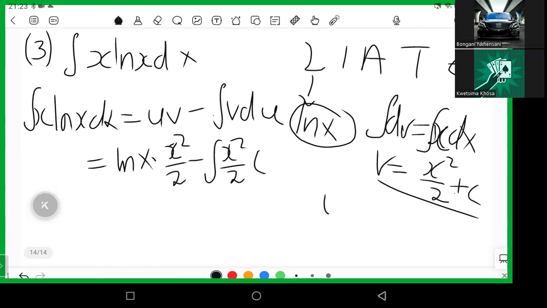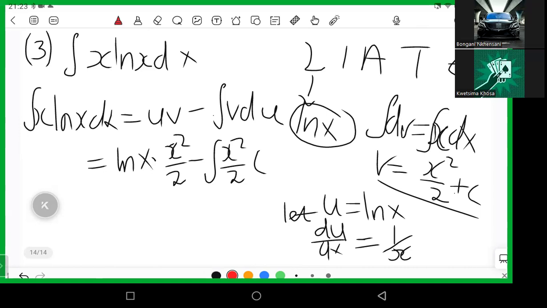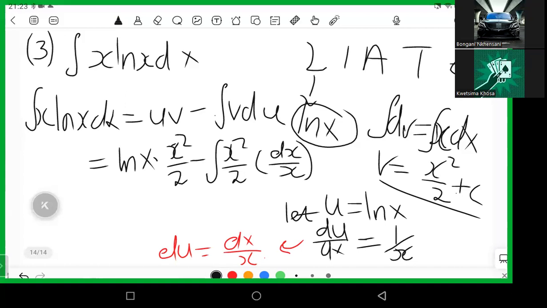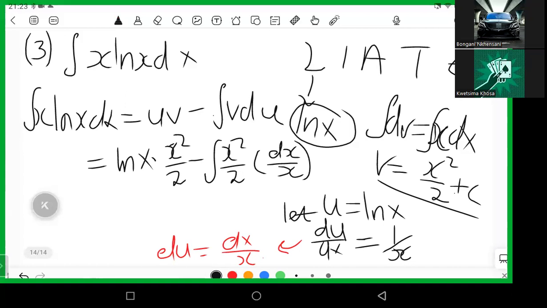We said we're going to let u be ln x. Then we differentiate ln x, so the derivative will be 1 over x. And then we make du the subject of the formula. So du will be dx over x. So meaning that here we must replace with x squared over 2 times 1 over x. And then we'll just have to simplify this part.